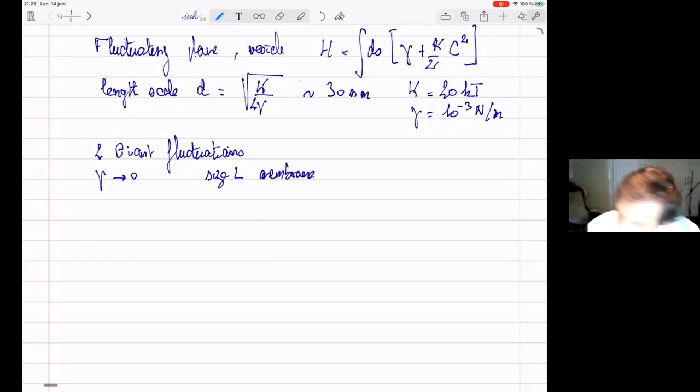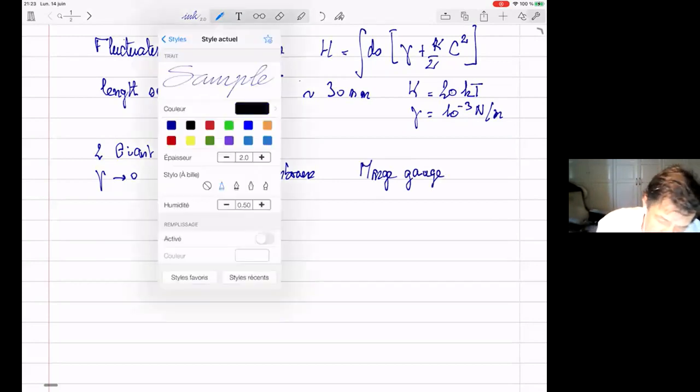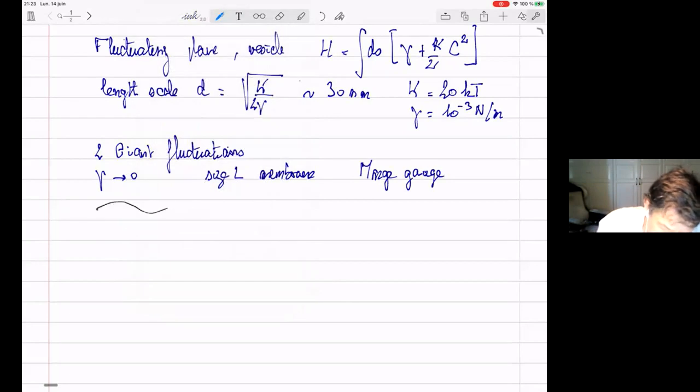And I want to estimate this Hamiltonian for the piece of membrane of size L. Before I do that, I have to be slightly more precise, and I will define what people call the Monge gauge. So I will take a surface which is fluctuating in space, and I will measure the undulation of this membrane on top of a plane.